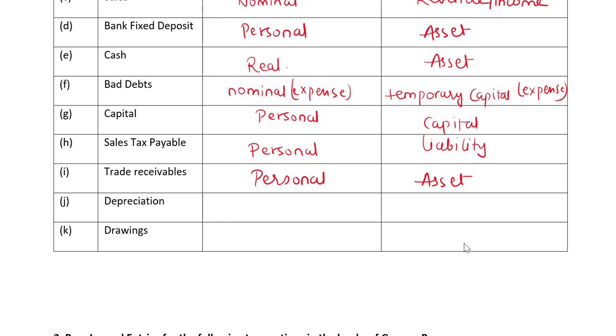Depreciation, depreciation is an expense, nominal account, it is an expense, and over here you can write it's a temporary account. It needs to be closed by the end of the year to temporary capital, and it is an expense.